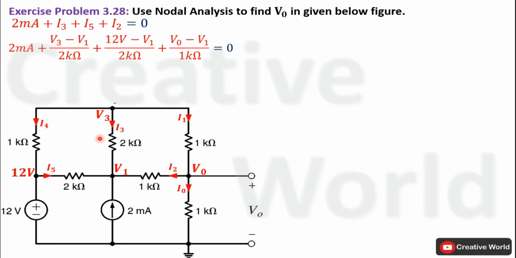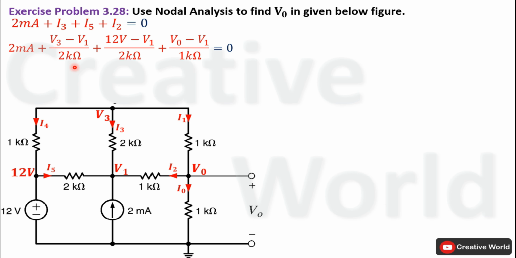That's why their difference is taken as V3 minus V1 divided by 2 kilo ohm, which will be equal to I3. Same case will be with I5. Current is flowing from this node to this node, so their potential difference will be taken as 12 volt minus V1, and this difference will be divided by 2 kilo ohm to calculate the value of I5. Here I2 will be calculated as V0 minus V1 divided by 1 kilo ohm.